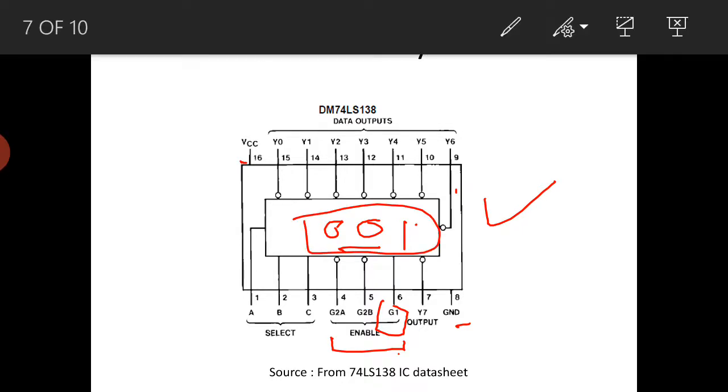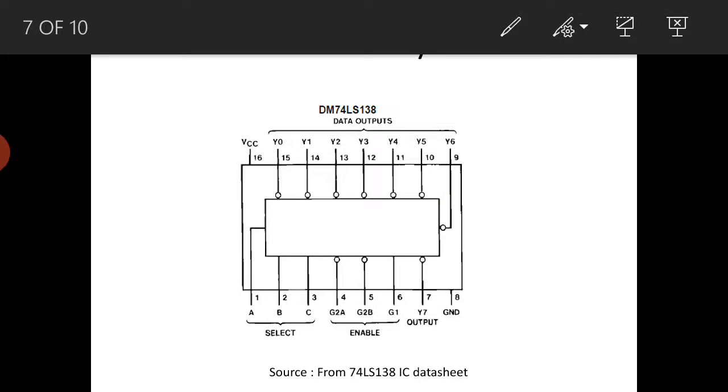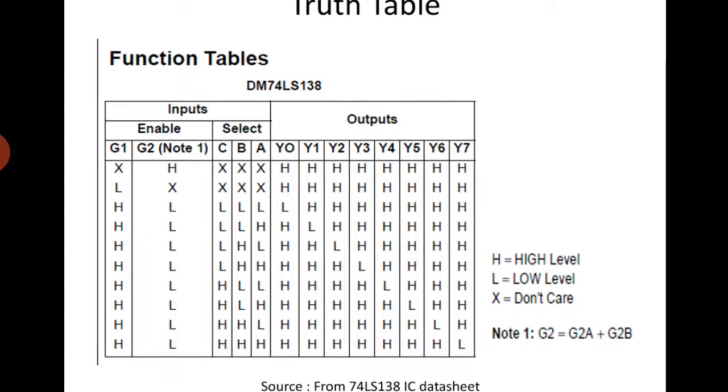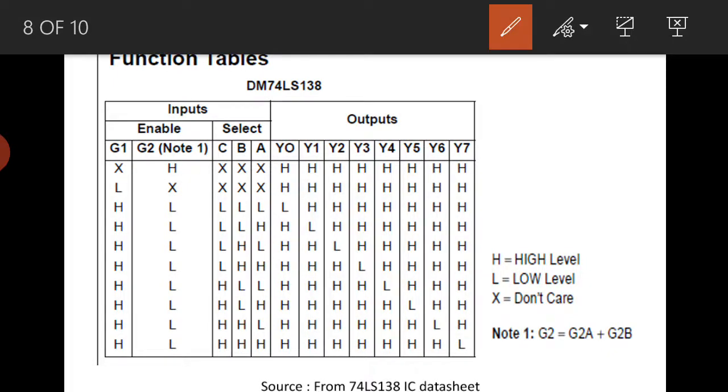Okay, the next slide we'll see the truth table. As we can see here, the truth table of the 3 to 8 decoder. Here you can see G1 is always high, it should be high, as I told, it is active high, and G2 should be low. What they have done is they have considered G2A and G2B together as G2, so that should be low.